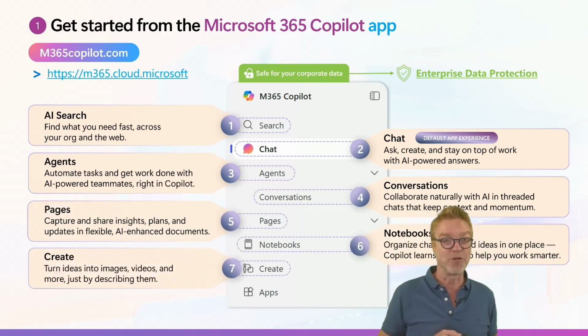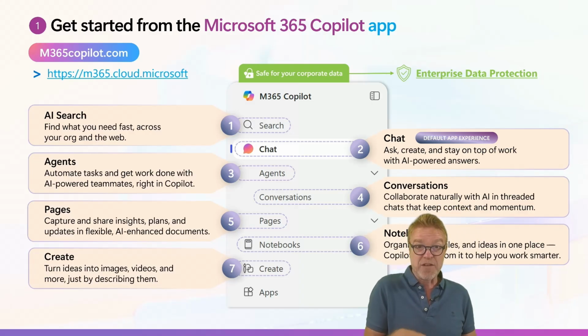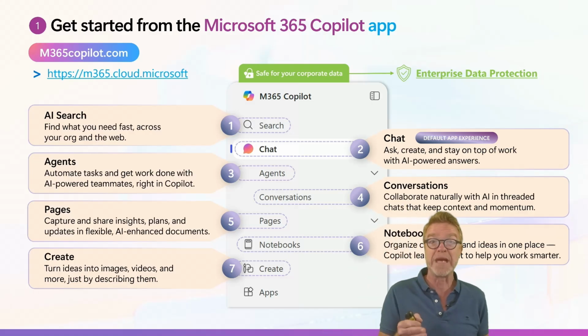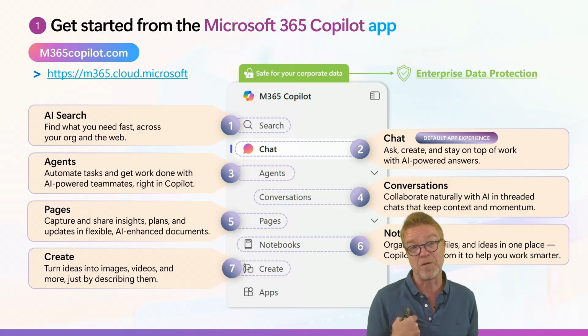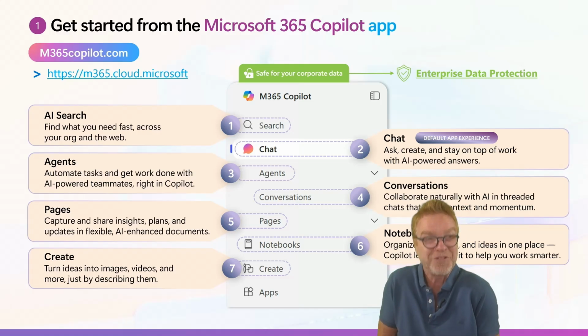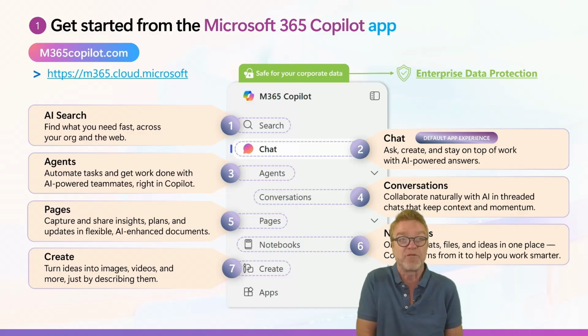I typically also explain that you can have this create functionality, which actually gives you access to all kinds of ways to create content. One of my favorite capabilities in that context, for instance, is if I need to scan a document and I need to create a PDF document from a scan.